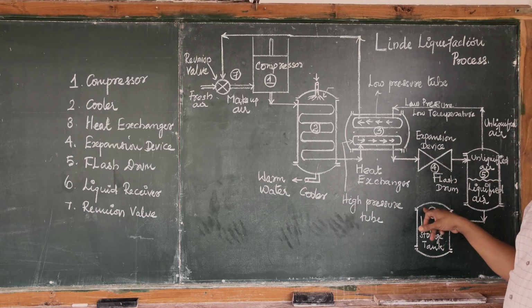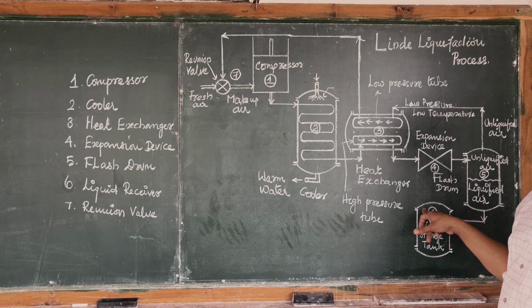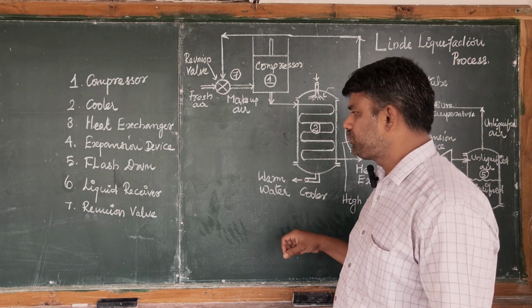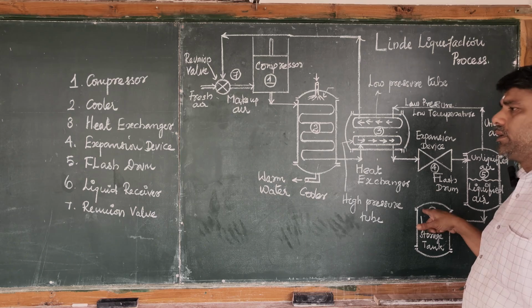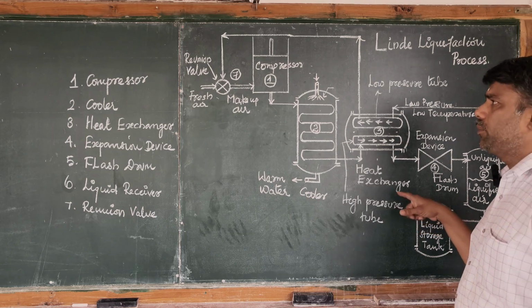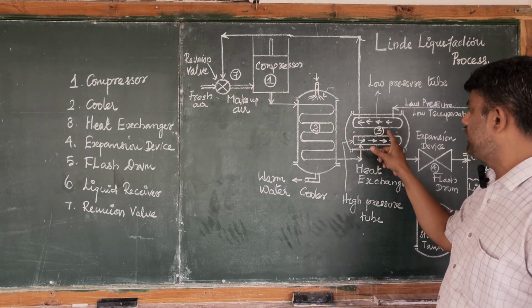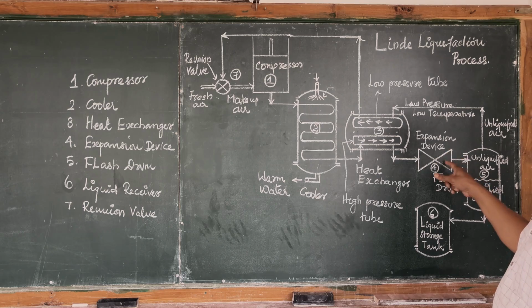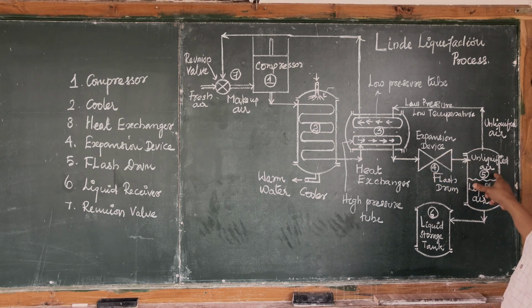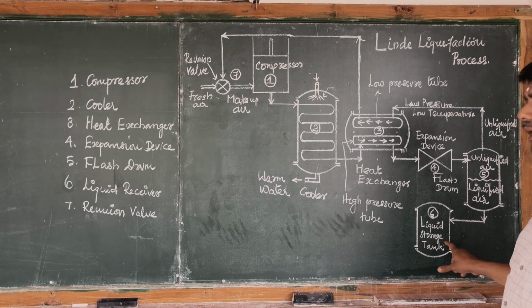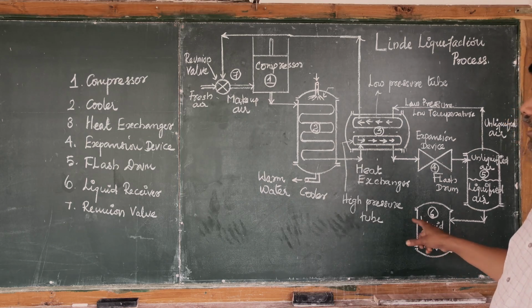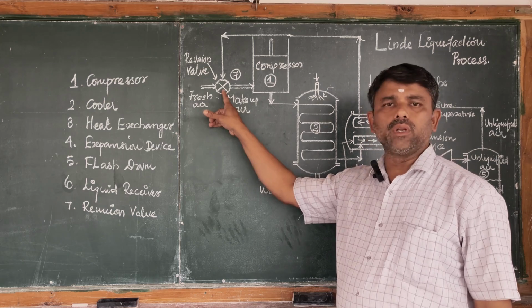Number 6, liquid receiver or safe storage tank. Number 7, reunion valve.